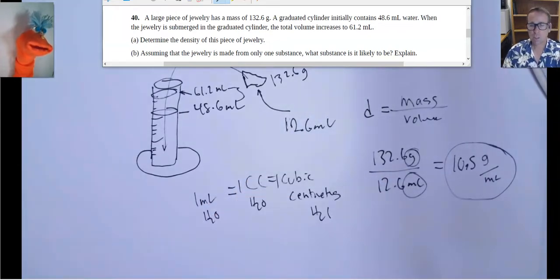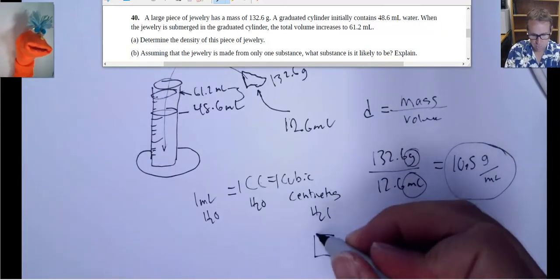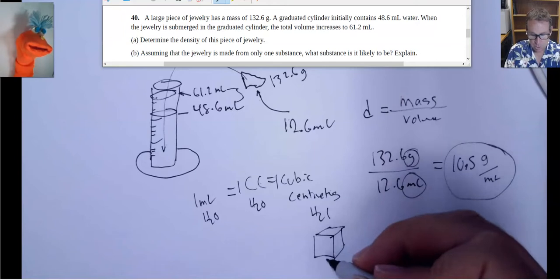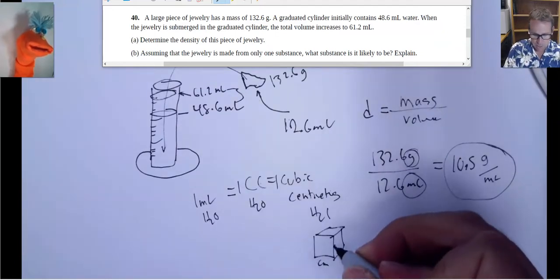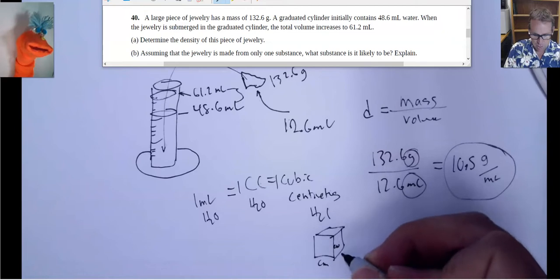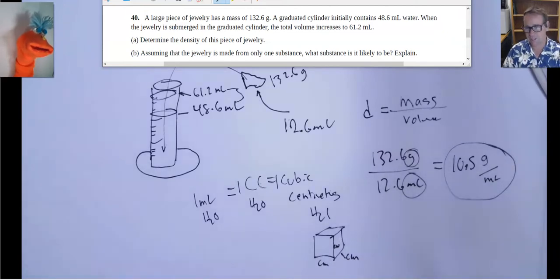All right? So a cubic centimeter is the definition of a milliliter of the material. Okay, so this is my centimeter by centimeter by centimeter here, right? Cubic centimeter. It's 1 milliliter. Okay, number 40. Good job.